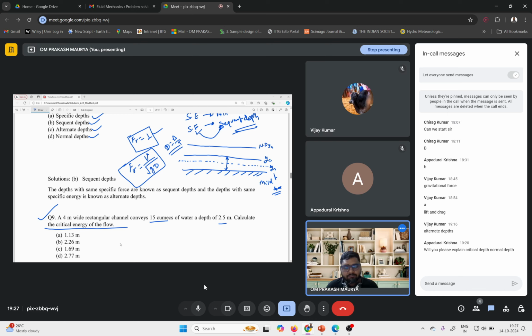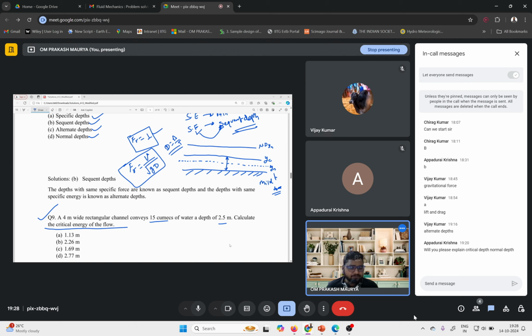For some time, at a particular section, your flow may be critical, but entirely your flow will be normal depth flow. Based on that, we have one question also, the next question. So please try to calculate the answer of this question number 9.